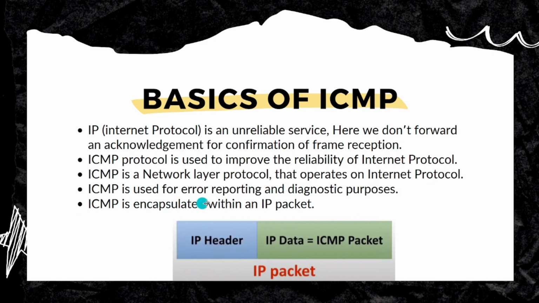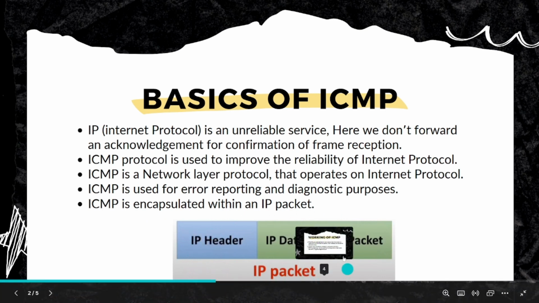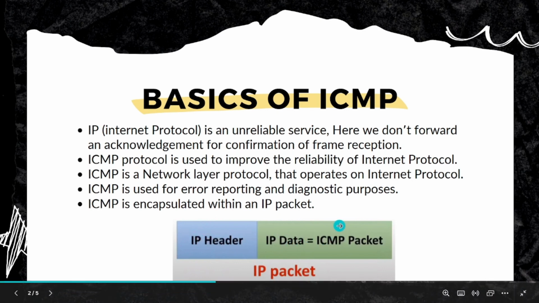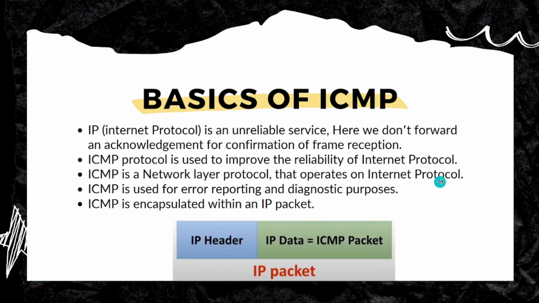ICMP is used for error reporting and also for diagnostic purposes. One important point is that ICMP is encapsulated within an IP packet. Here you can see in the diagram an IP packet, where there is the IP header, and in the IP data there is the ICMP packet, which is encapsulated in the IP packet.